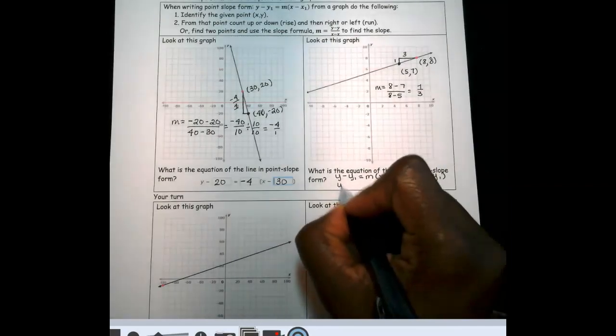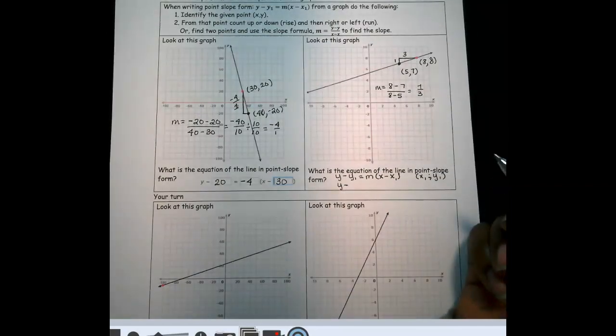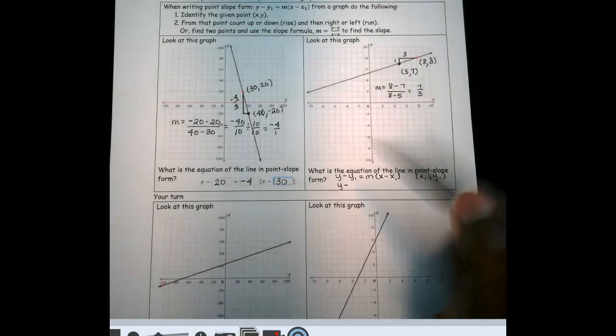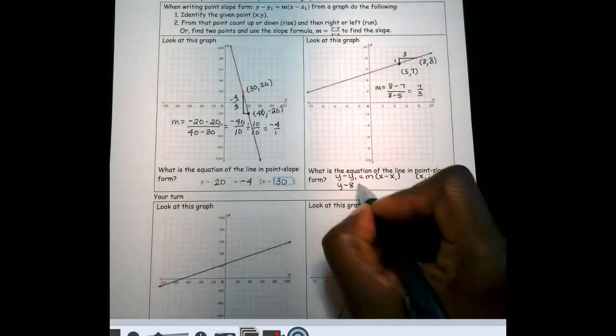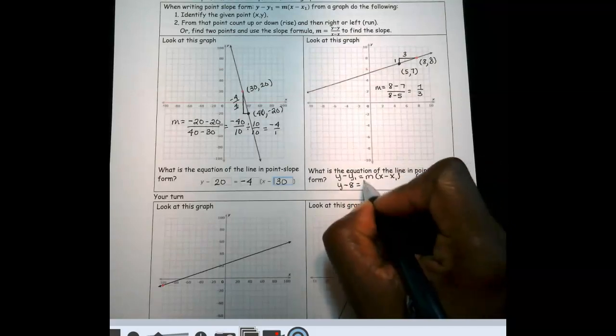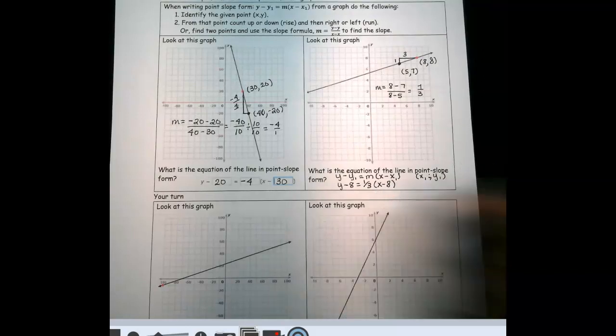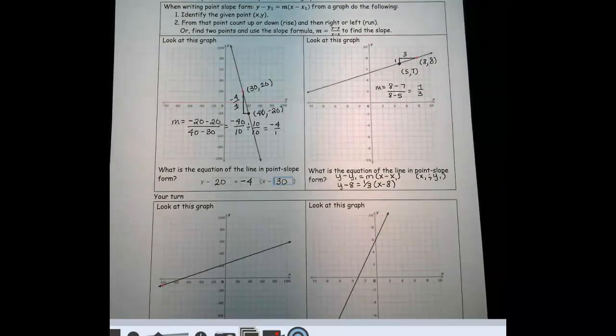So I've got y minus, our point here is 8, 8, so I'm going to do y minus 8 is equal to, our slope is 1/3 times x minus 8. And that's all we need to do. Go ahead and do the 2 on the bottom, and I'll be right back.